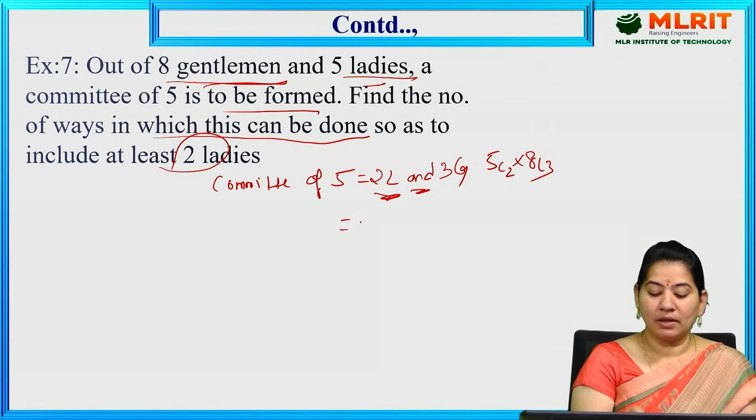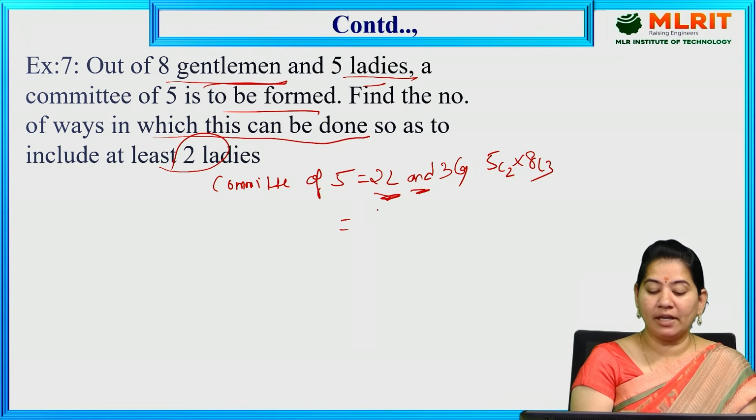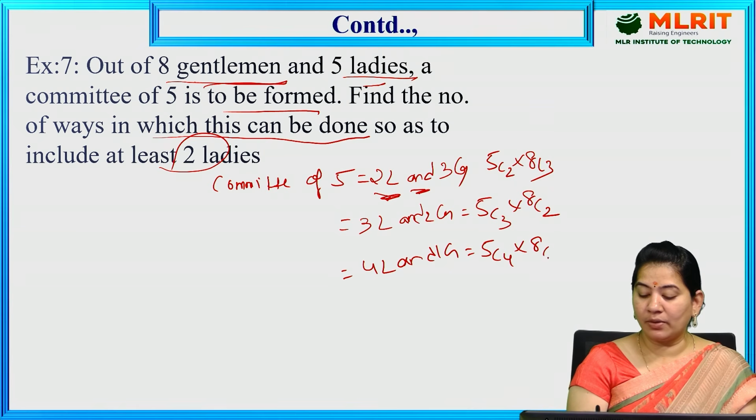Now, another combination also, at least 2 ladies means it can be more than 2 ladies also. Then I can take 3 ladies and 2 gents, which is 5C3 into 8C2. And you can have 4 ladies and 1 gent, which is 5C4 into 8C1.